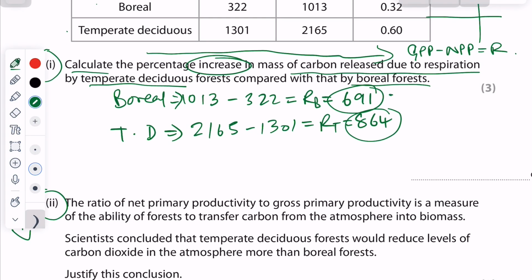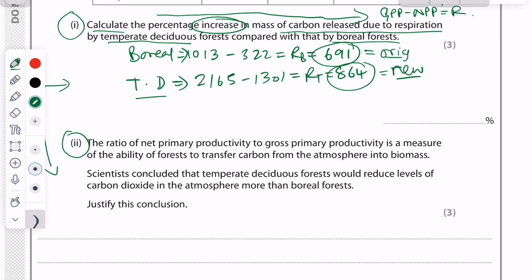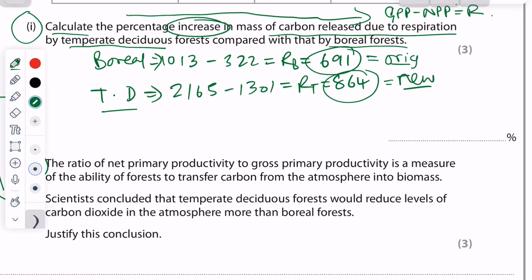So I think the boreal therefore becomes our original value, and they want to know what the temperate one is compared to the boreal, so we'll treat our temperate deciduous one as the new. Whenever you've got percentage difference, you always have to figure out which one's your original value and which one's your new value.